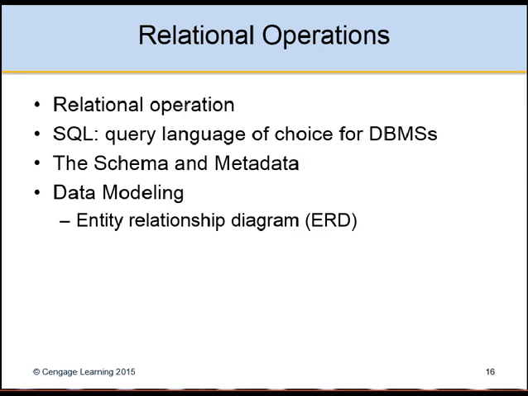A schema is a plan that describes the structure of the database, including names and sizes of files, identification of primary keys, and relationships. A data dictionary is a repository of information about the data and their organization.